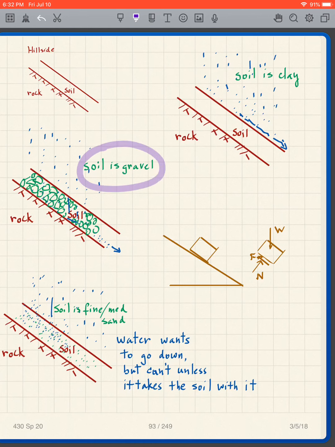Let's take the situation where the soil is gravel. If the rain comes down when the soil is gravel, so it's raining, well, now I've got gravel. Gravel has very big voids. So what happens? The water goes right through the gravel, no problem, because there are big holes in there.